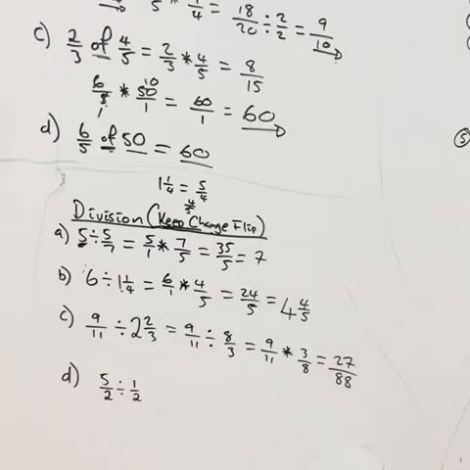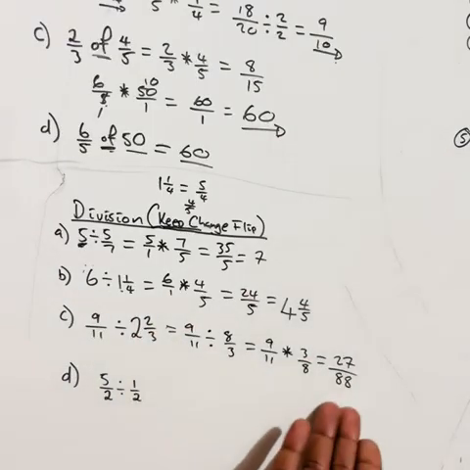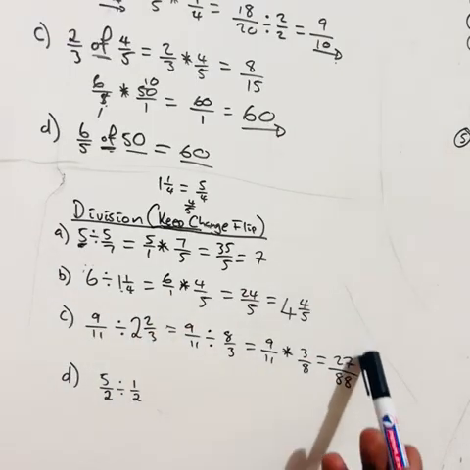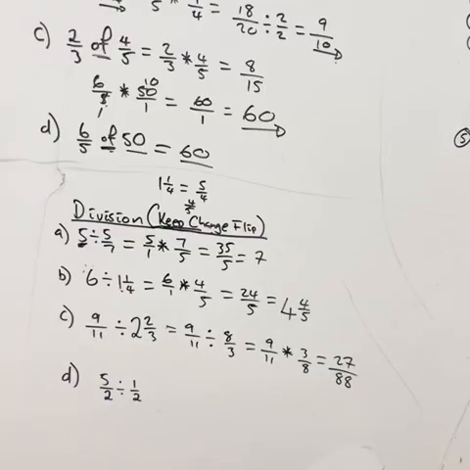So I think 27. How about 88? It doesn't work because 9 by 9 is 81, sorry. 81 plus 9 is 90. So we just leave it like that. 27 over 88.